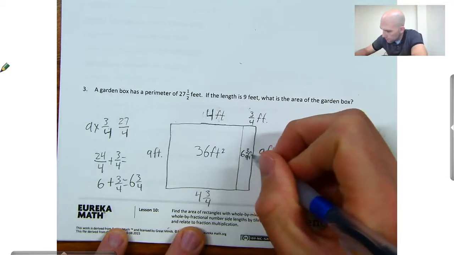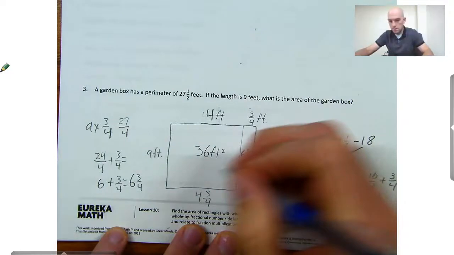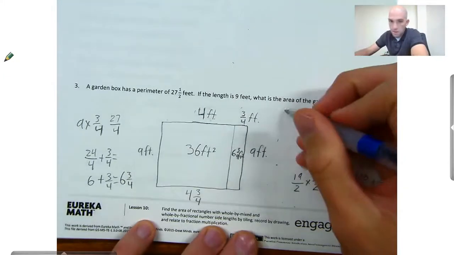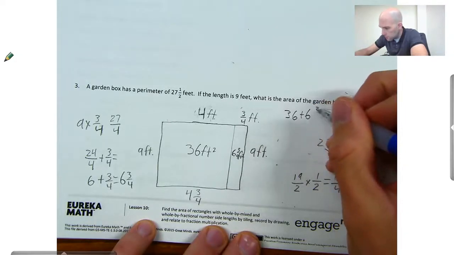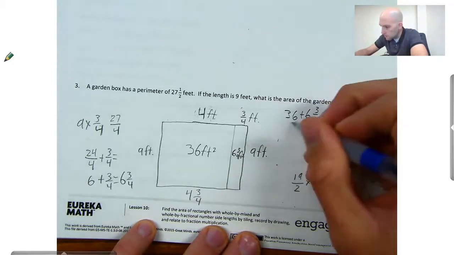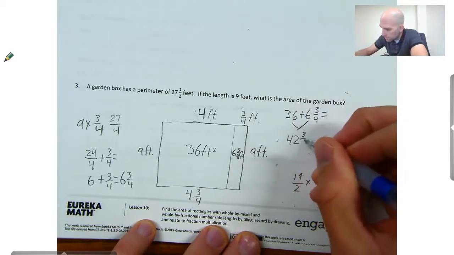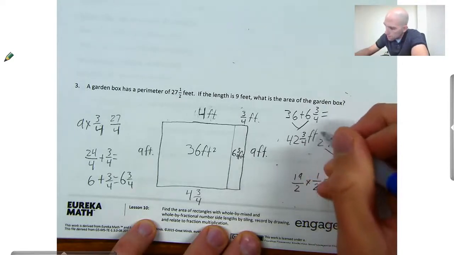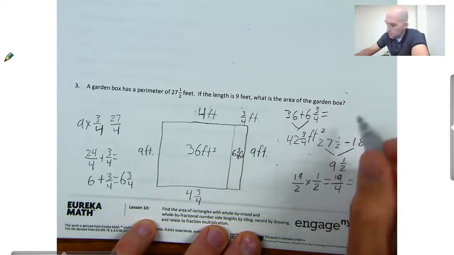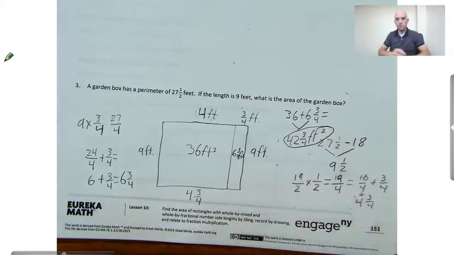And that's square feet. So now I need to do 36 plus 6 3/4. 36 plus 6 is 42. And we still have the 3/4 left over there. And so the area of the garden box is 42 3/4 square feet.